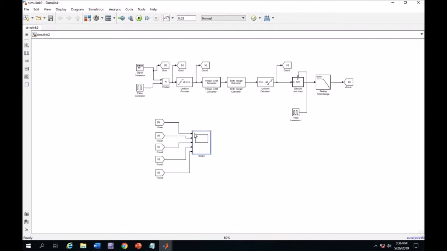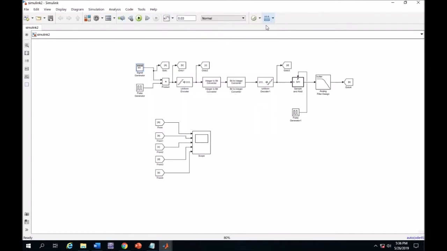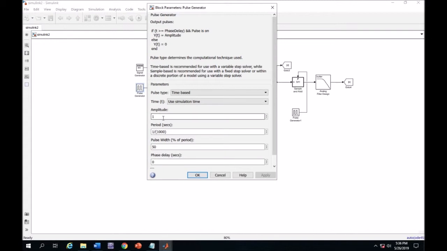Okay, this is scope. Okay, first we set the signal generator: amplitude is 1, the frequency is 100. The pulse generator we set amplitude 1, the period in seconds 1 divided by 1000. The pulse width is 50.